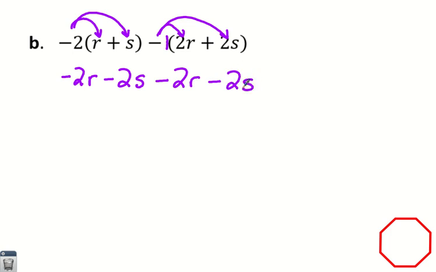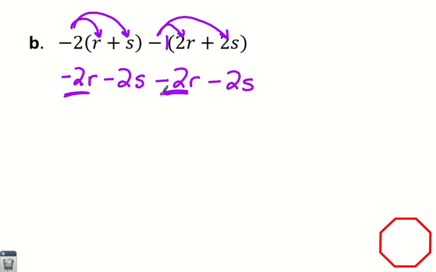All right, and so now that we've cleared the parentheses, we're going to keep making sure we can simplify more, because we don't want to be done until there's no more simplifying to do. Since I see a couple pairs of like terms, we can keep simplifying.